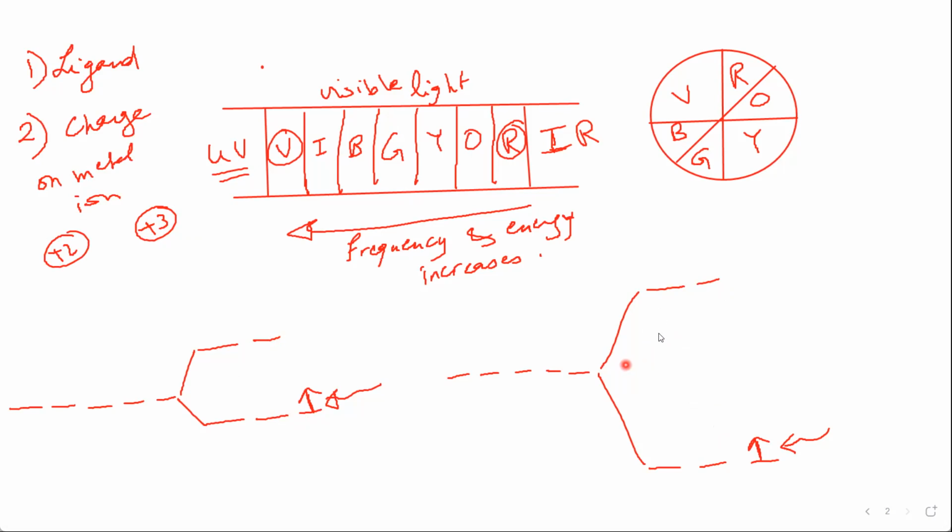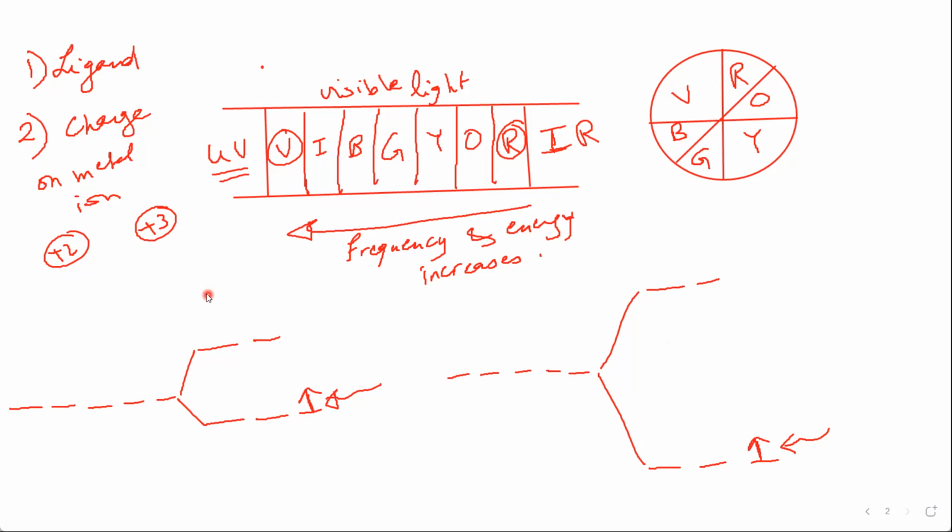Of course, also the colors depend on whether our complex is octahedral or tetrahedral, but we don't study this, because in case of tetrahedral, the splitting is completely the opposite of the octahedral. But I'm not going to discuss this because this is not in your syllabus. So we have two factors affecting: the type of ligand used, and the charge on the metal ion.